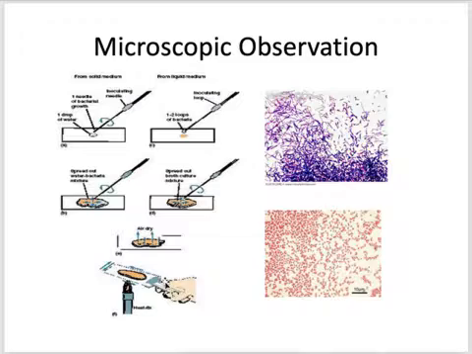So just remember this: bacteria are transparent. If you just put them under a microscope, you will see nothing. So after processing your bacteria in this way, you have to use some coloring techniques to color them. Then you can put them under the microscope, and you will observe something like this.